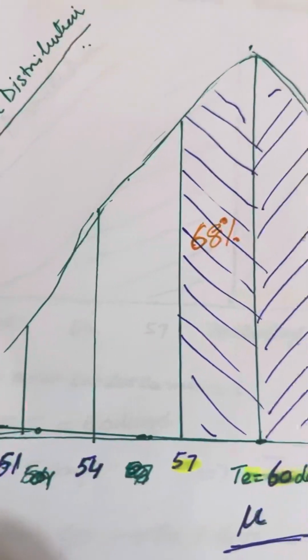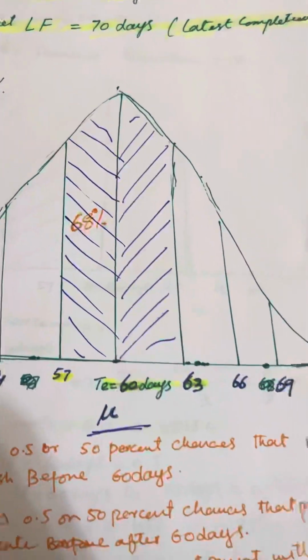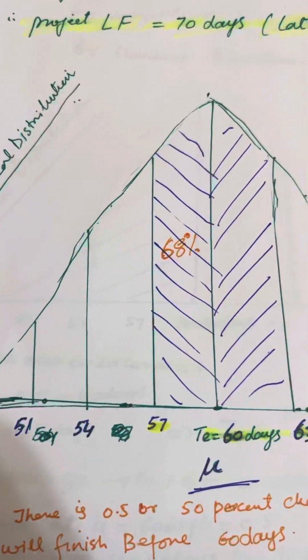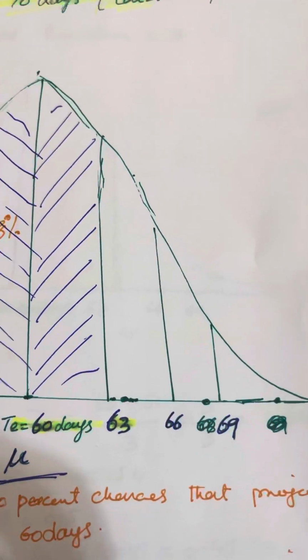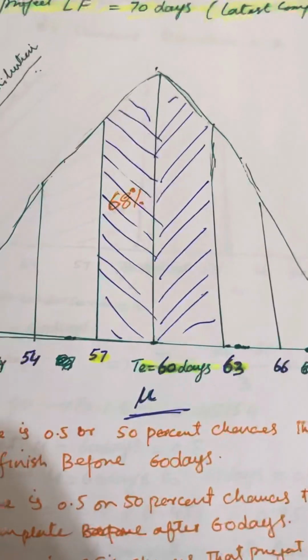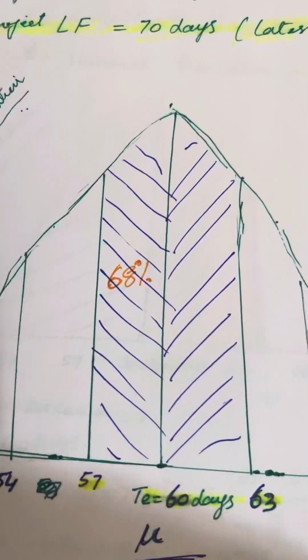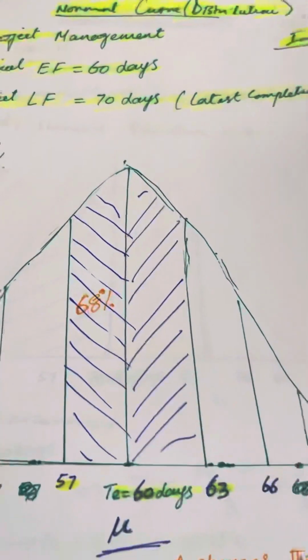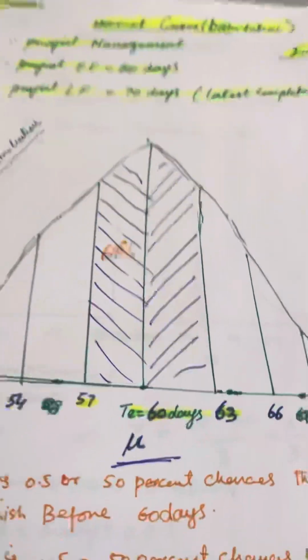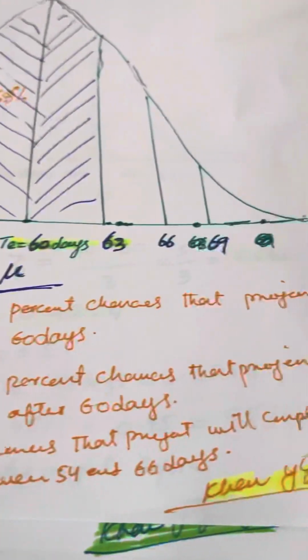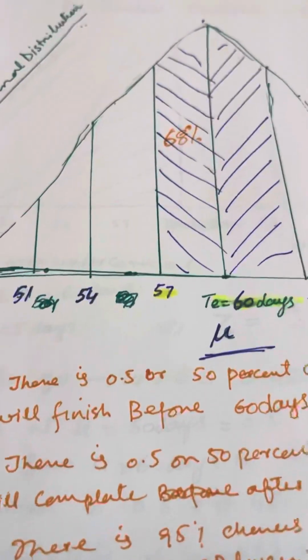So the normal distribution usually starts from 51 days all the way to 69 days. So it's like an example. You can play around with this in another way also.